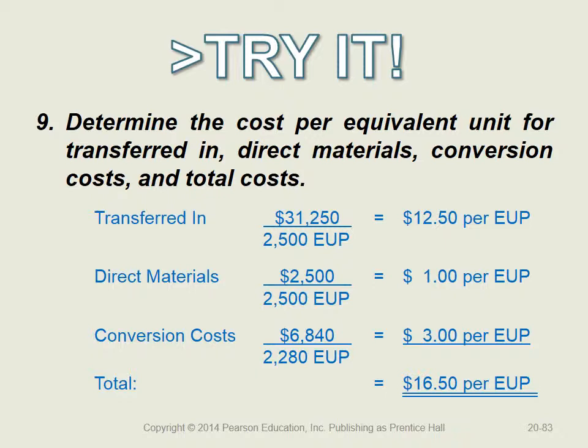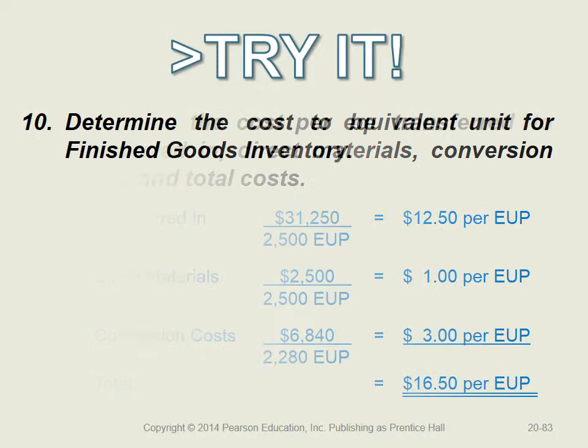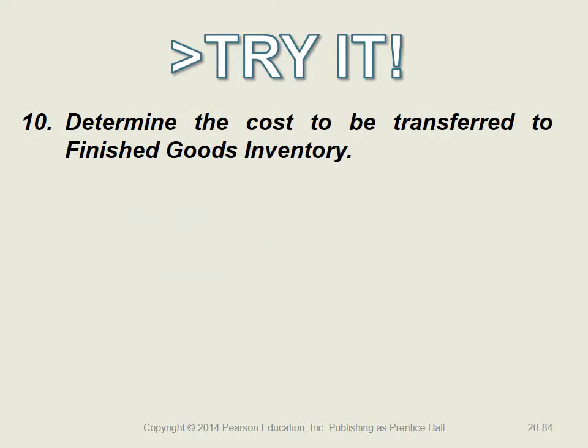And there you have the equation and calculations for cost per equivalent unit for transferred in, direct materials, conversion costs, and finally, total costs. Number 10, determine the cost to be transferred to finished goods inventory.